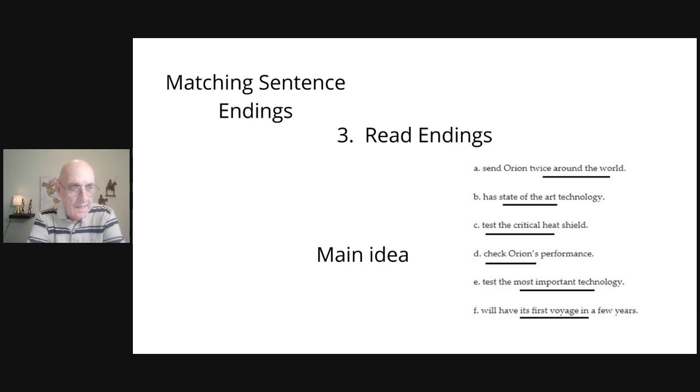So when we see any numbers or things that place things in order, these are always important types of adjectives when it comes to the reading section of the IELTS exam. So we've read the sentence beginnings and gotten the main ideas and the main topic, and we've read the endings.